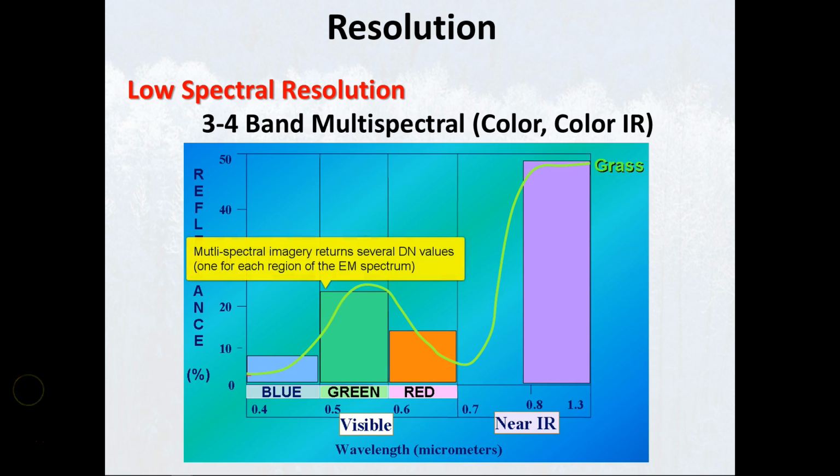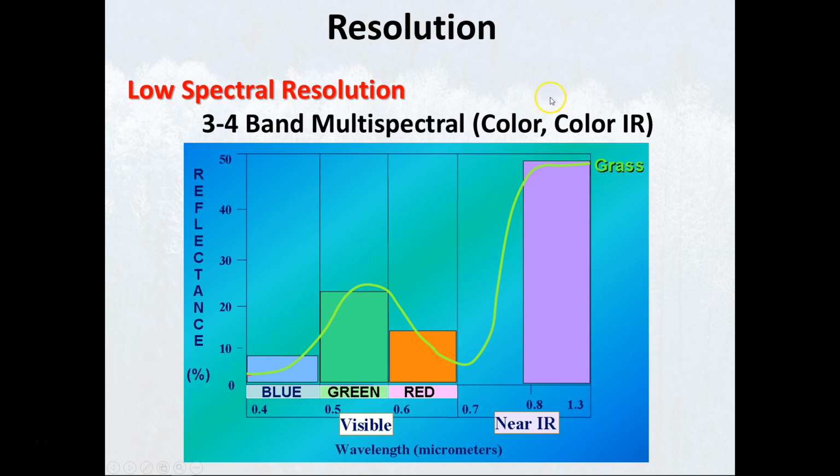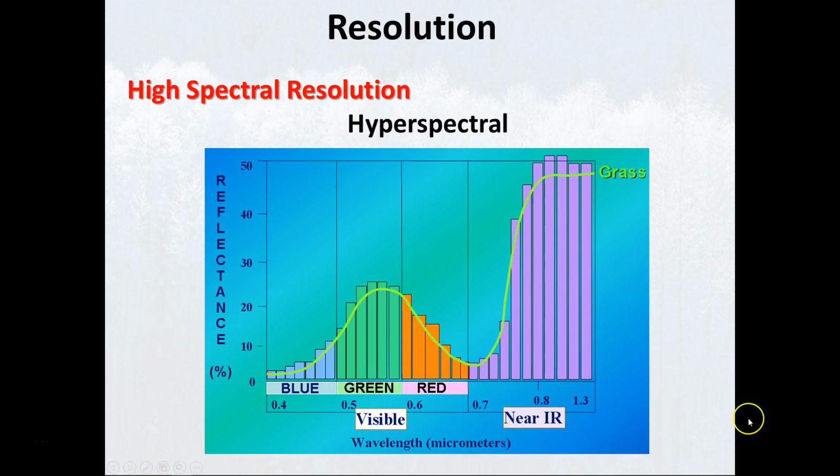Your 3 to 4 band aerial imagery that we've looked at in class, which covers the visible portion but also contains a near infrared band, which you can see for grass. Obviously green is going to be reflected quite a bit, but look at the near infrared reflectance. That's why this near infrared band is so important for delineating or classifying vegetation areas.